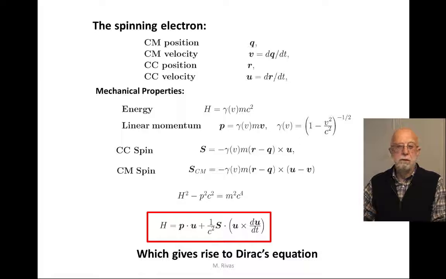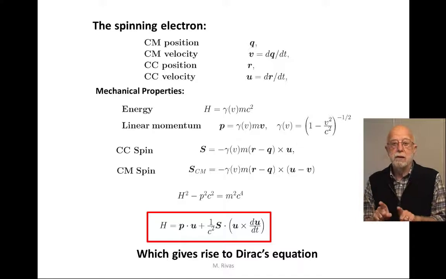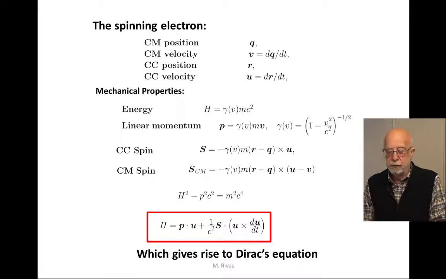In fact, that equation will be exactly Dirac's equation. So the model we have introduced here with two centers satisfies Dirac's equation when quantized. This is one of the most important properties to analyze its dynamical behavior from the classical point of view.